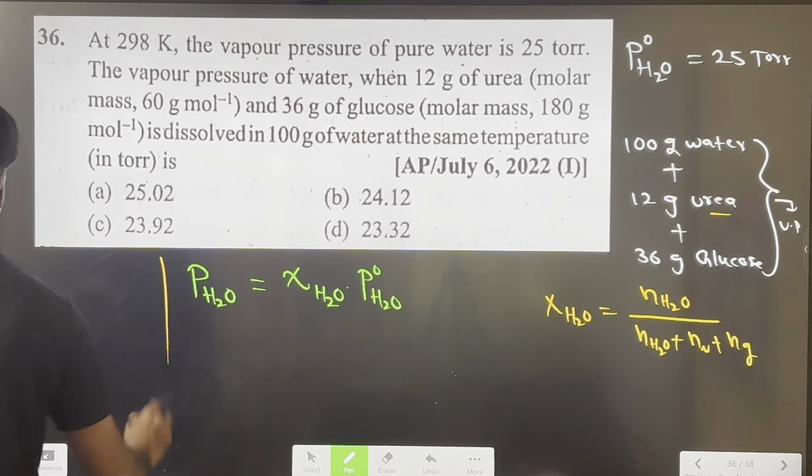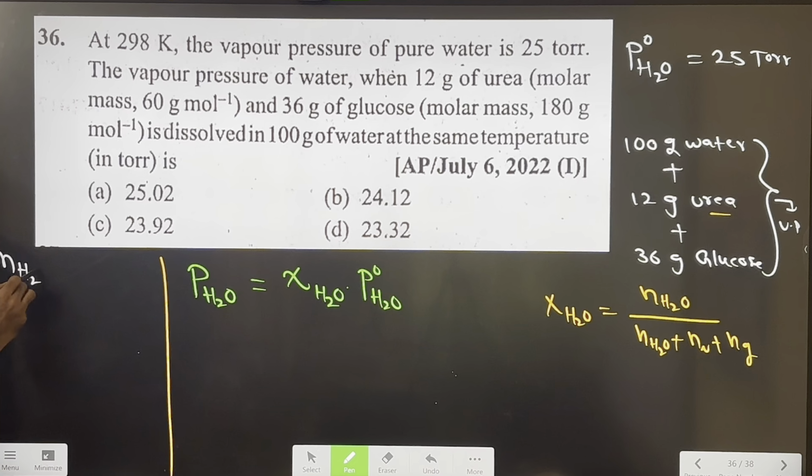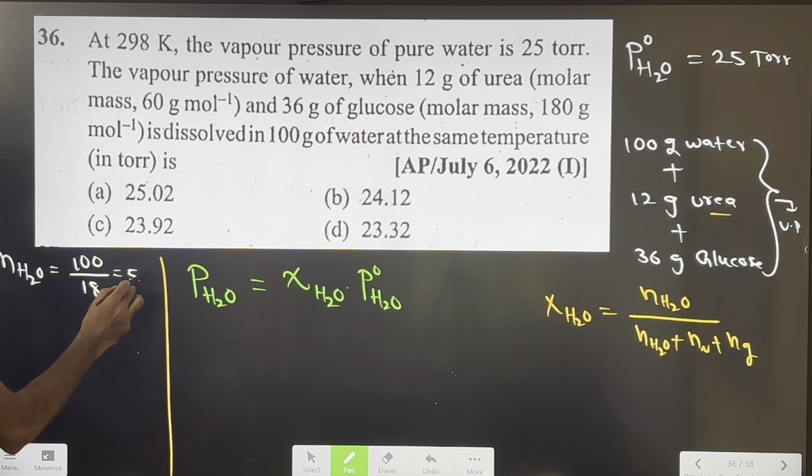So now I'm doing number of moles of water. How much water have we taken here? 100 grams of water. 18 is the molecular weight of water, so 100 by 18, you will get 5.55, right? Then you find the number of moles of urea.